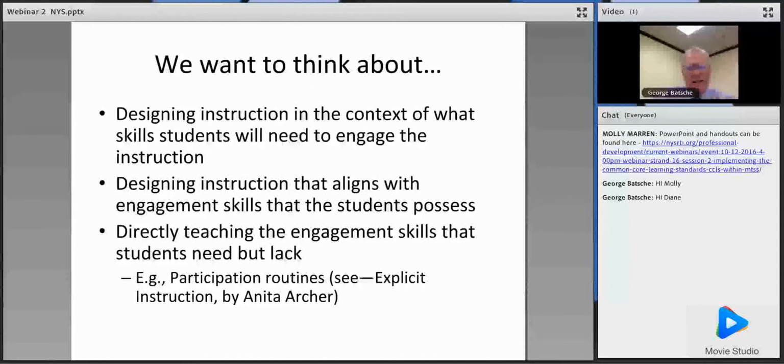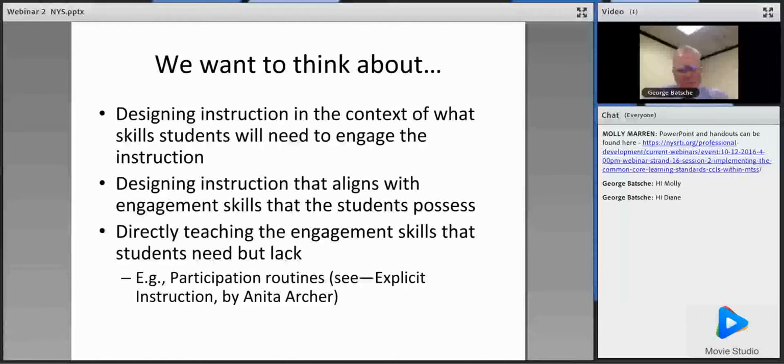So designing instruction in the context of what skills the students will need to engage the instruction is important. Designing instruction that aligns with engagement skills that the kids already have, and directly teaching engagement skills. So you may be familiar with Anita Archer, who is kind of the earth mother of explicit instruction.